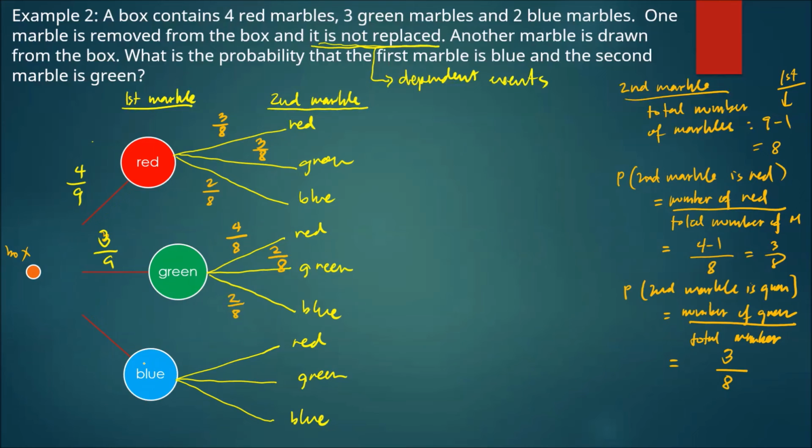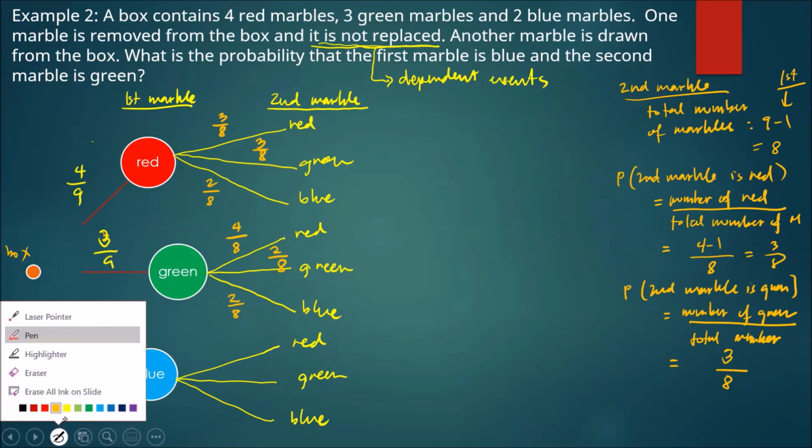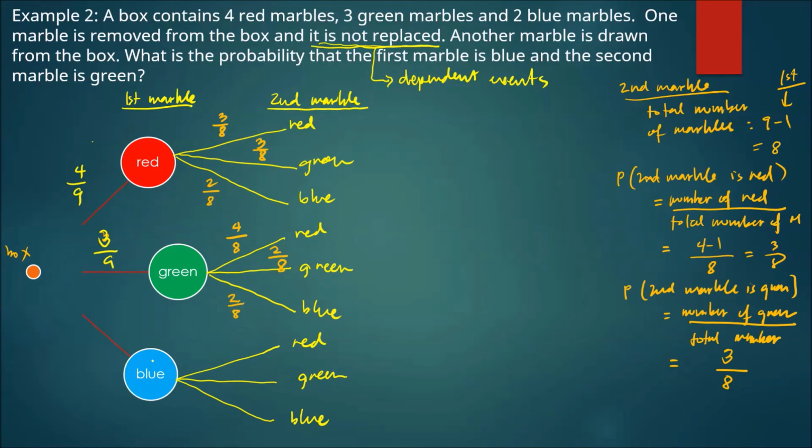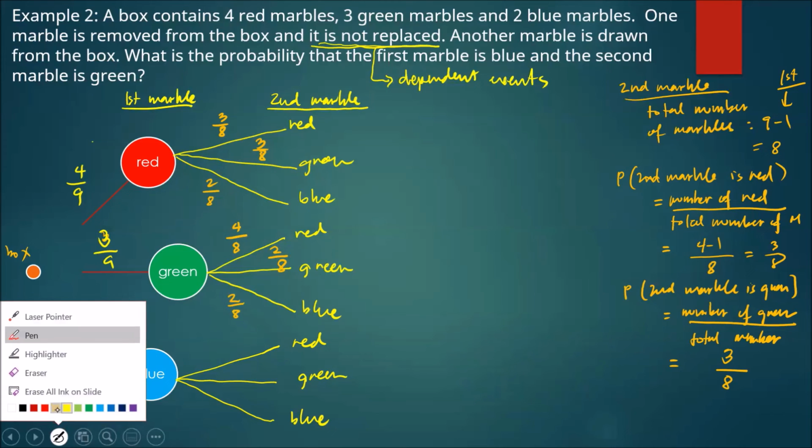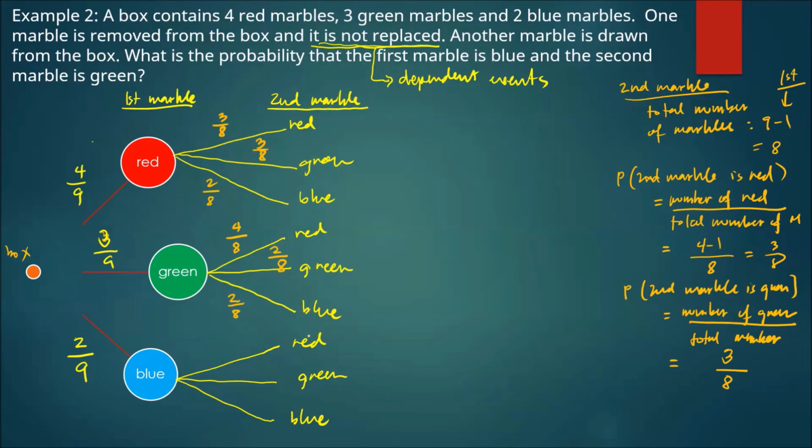Okay, now let's go here on the possibility that our first marble is blue. Okay, so the possibility that we will get a blue marble for the first marble would be, how many blue marbles are there? 2 out of 9 marbles. Now let's go here. How many red marbles will there be?